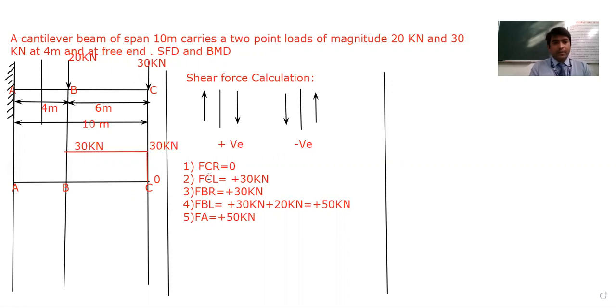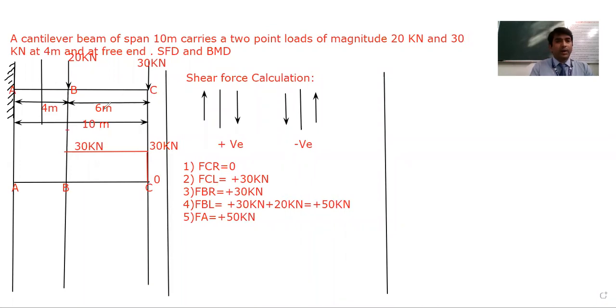Now, shear force at B point. See, shear force at B is 30. So shear force at B is 30. One more point at B is 50. So I will mark this point B 50.